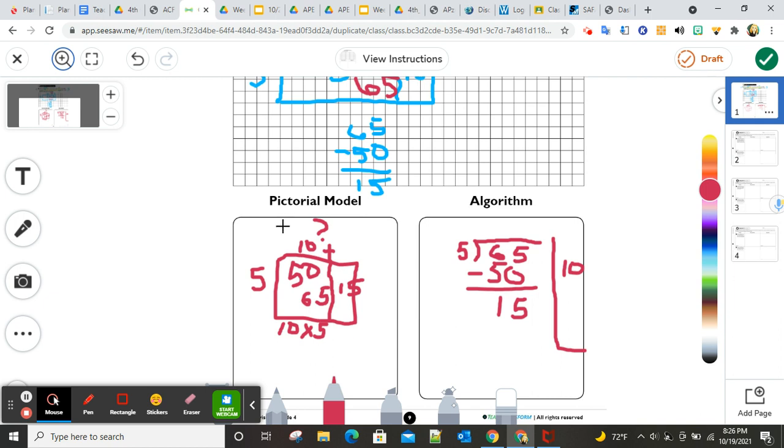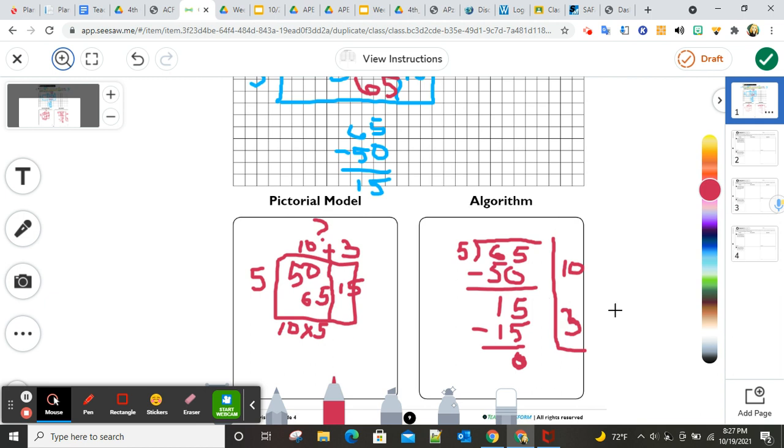Up here earlier, we said that 5 times 3 equals 15. I'm going to subtract that partial quotient, and I get 0. And then I'm also going to write a 3 in here, because that is how many times I multiplied the 5.